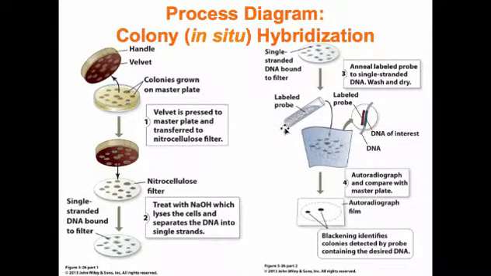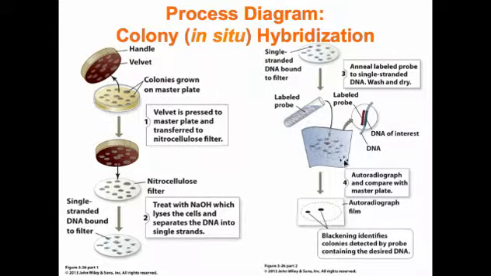Then we can use probes, and to be able to find your colony of interest, where your DNA is located in the library, you have to know something about the gene of interest you're going towards. So you have to know a couple of the nucleotide sequence of that gene of interest. And normally what we can do is make very small radioactive probes, and then we can get our nitrocellulose filter.